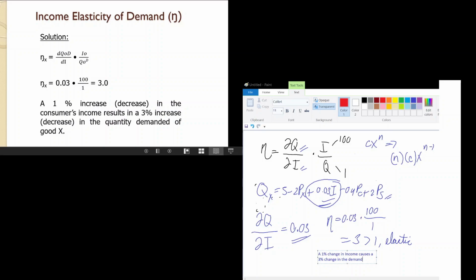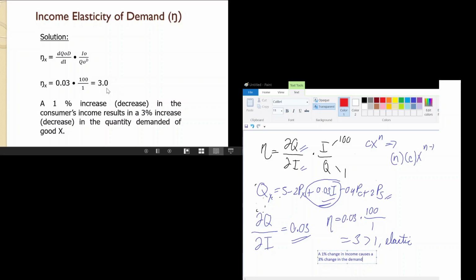So, a 1% increase or decrease in the consumer's income results in a 3% increase or decrease in the quantity demanded of good X. So, you can just use change para mas safe. Pero bakit kaya increase-decrease, increase-decrease, parehas? Okay? Kasi positive. Positive yung nakuha nating value.